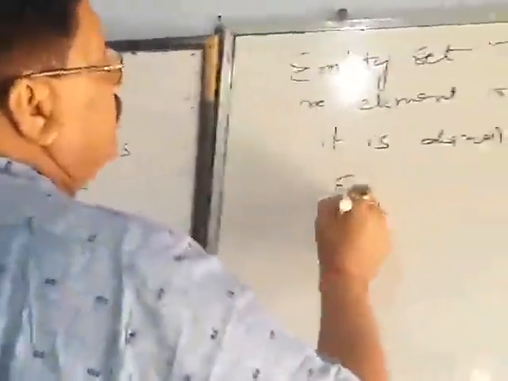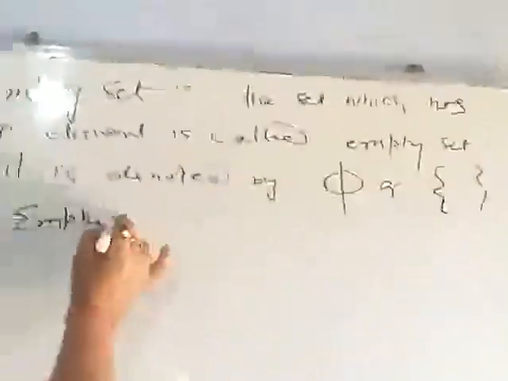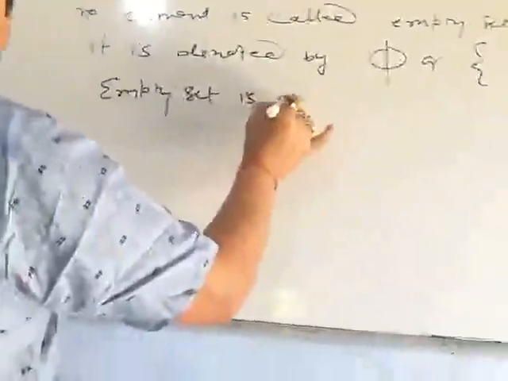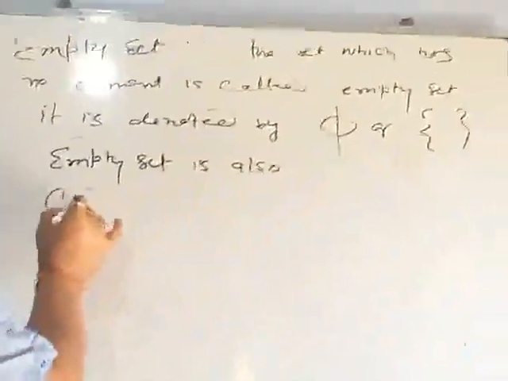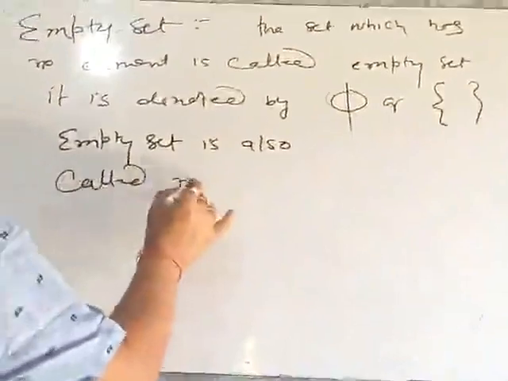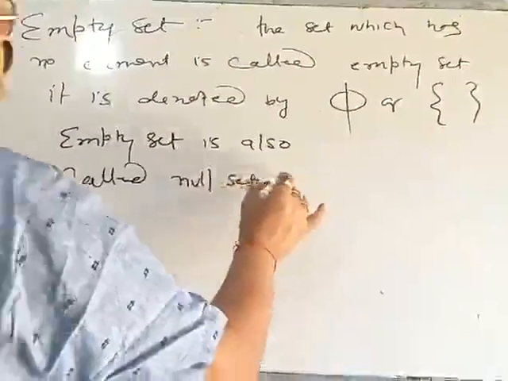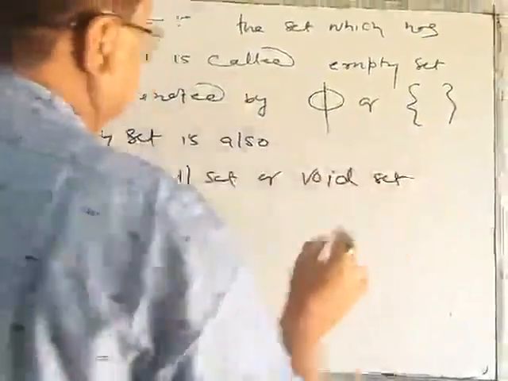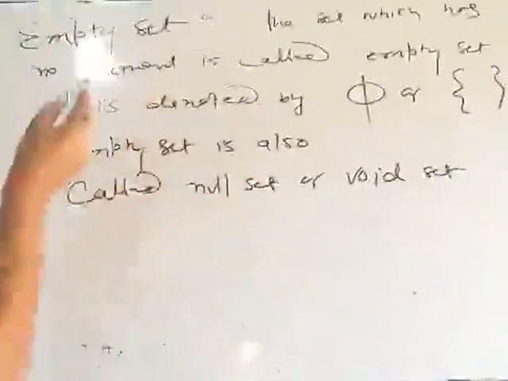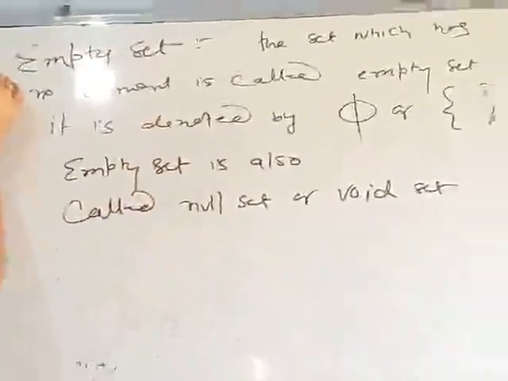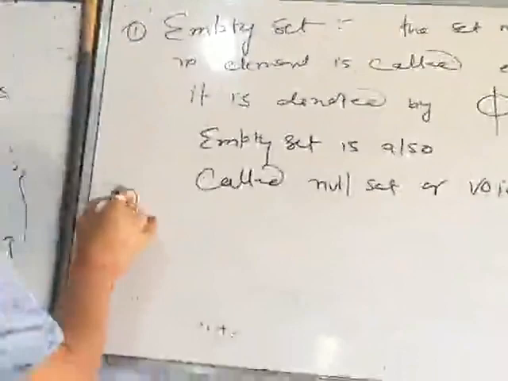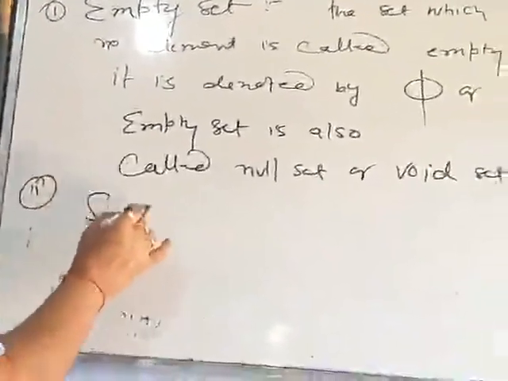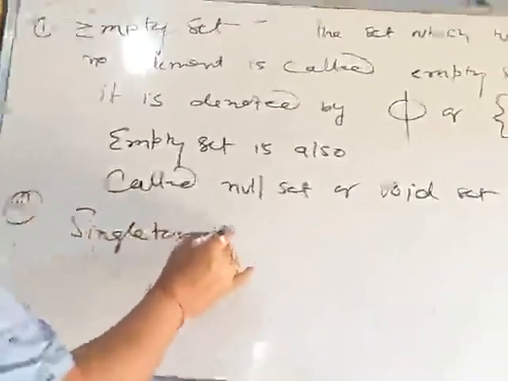The empty set is also called null set or void set. Null set or void set are the same, they represent the empty set. Now second, singleton set.